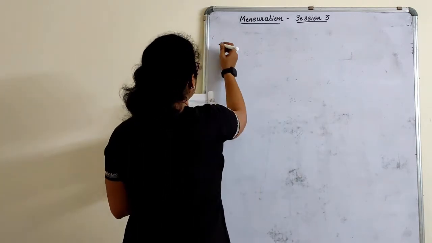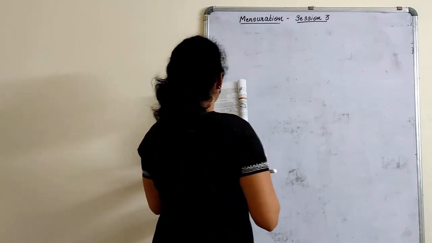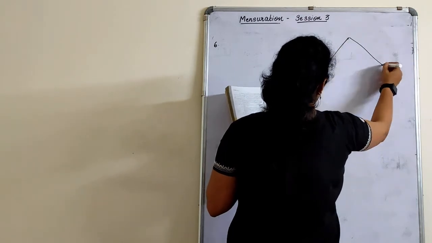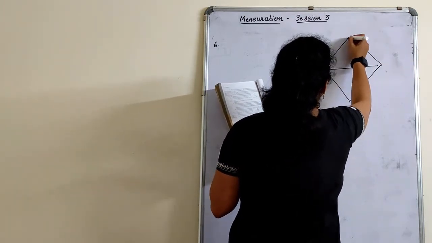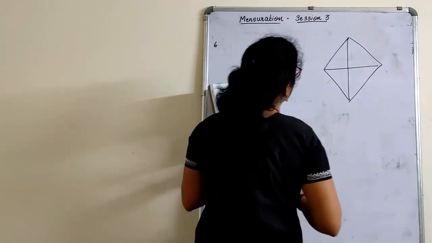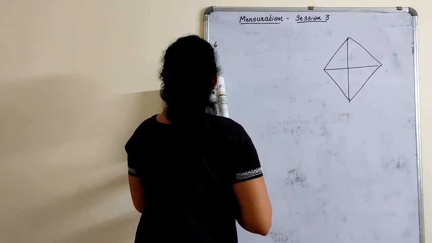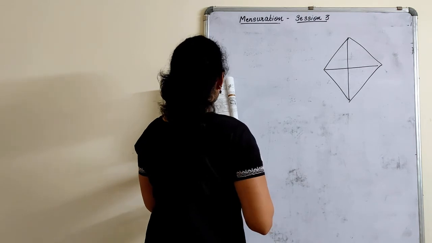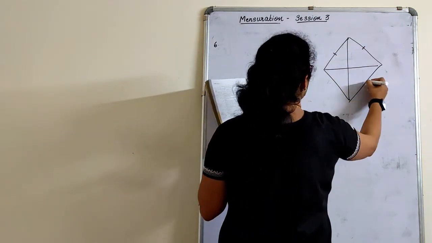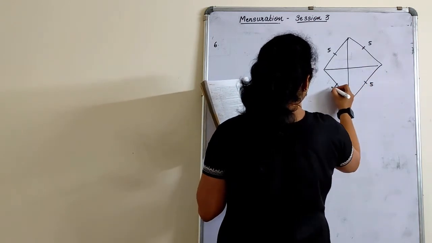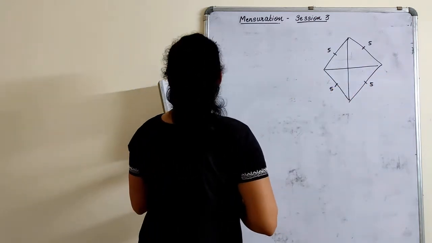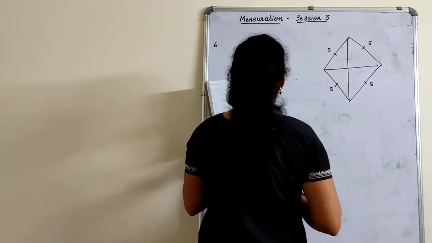Find the area of rhombus whose sides, let me first draw. Okay. Find the area of rhombus whose side is 5 centimeter. Side is along nothing but base, our assumption. Okay. Whose side is 5 centimeter and whose altitude is 4 centimeter.